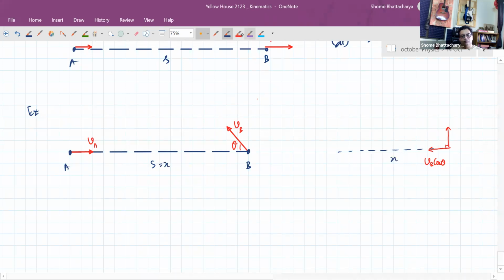So you can see that VB sin theta here does not contribute to the rate of change of X. If we have taken this as our X axis, then the distance between them is X.